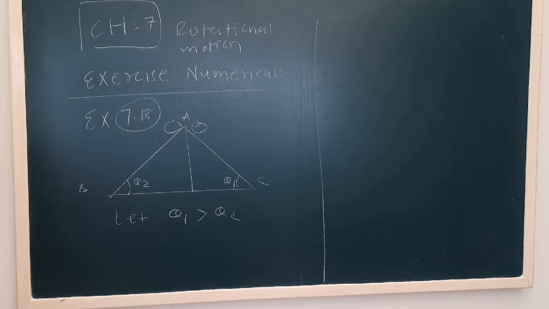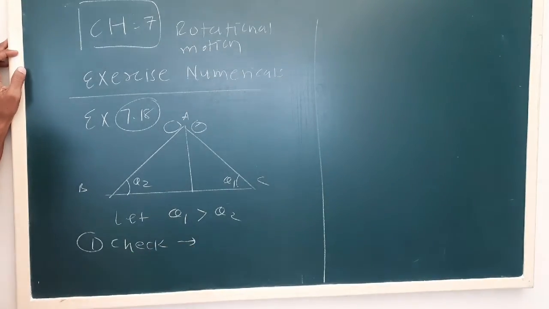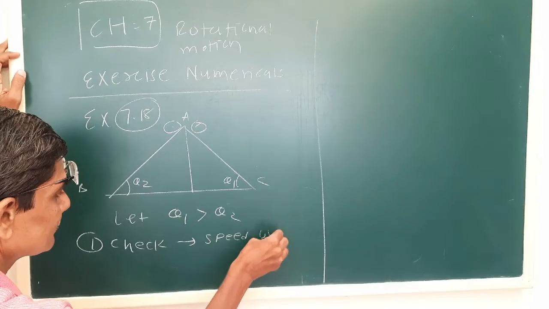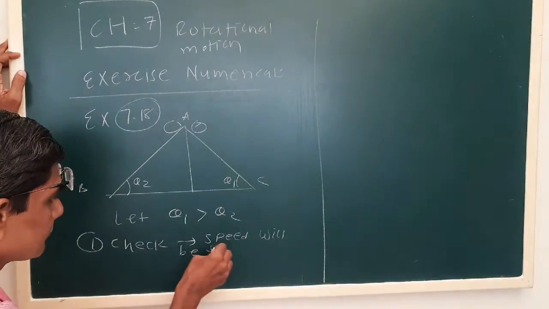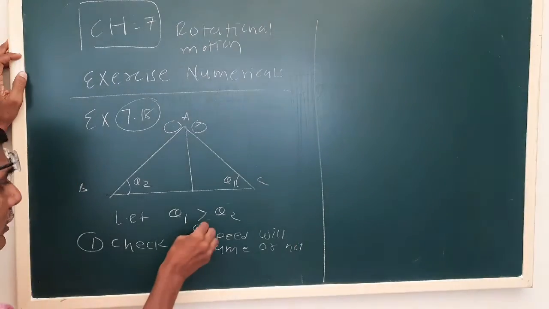First we have to check whether the speed will be the same or not at the bottom of the slope.